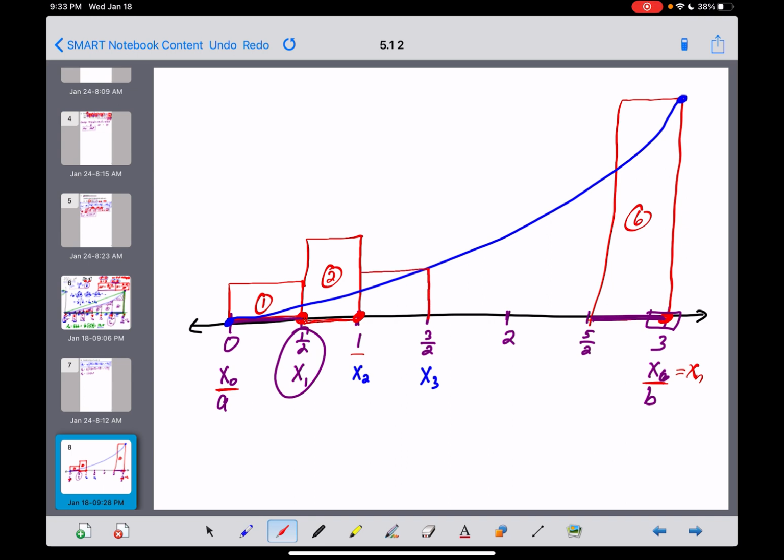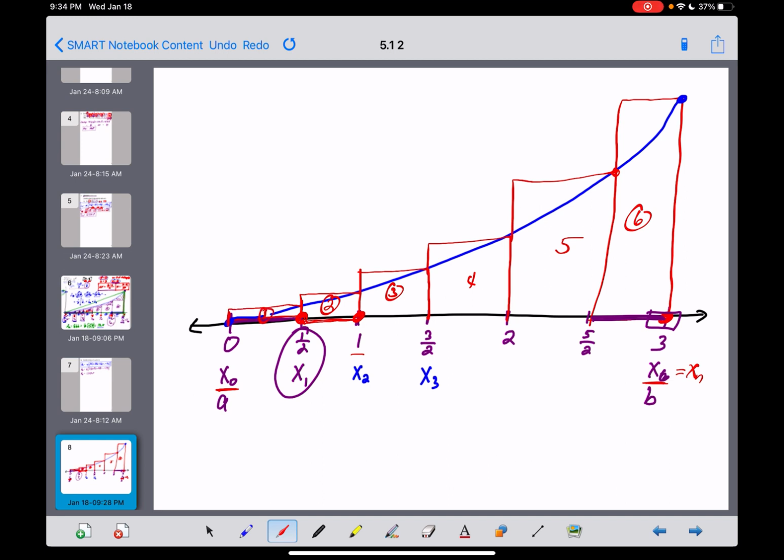Rectangle 3 would do something like this. This would be rectangle 4, looking like that. Rectangle 5 would be right here, and I feel like I should go back and change these two because they're so bad. Sorry about that. I don't want to confuse you guys with what this actually looks like. So rectangle 2 is going to be right there, and rectangle 1 actually has some height to it.